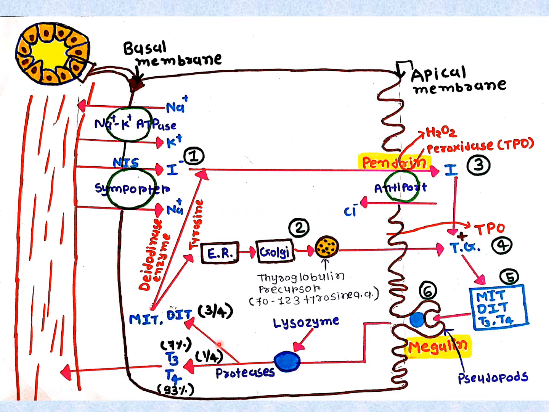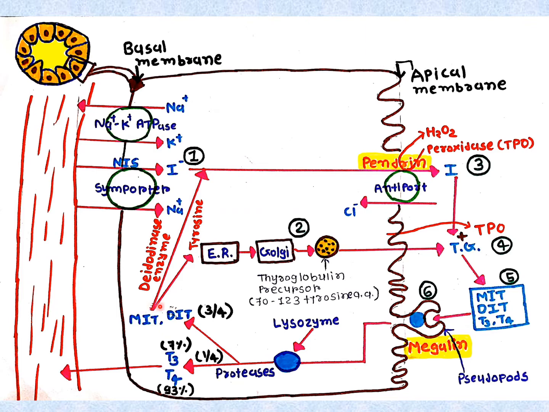Now what will happen to this MIT and DIT? There is a deiodinase enzyme present which converts this MIT and DIT into iodide, which again joins the cycle and goes to the apical membrane for the oxidation process.